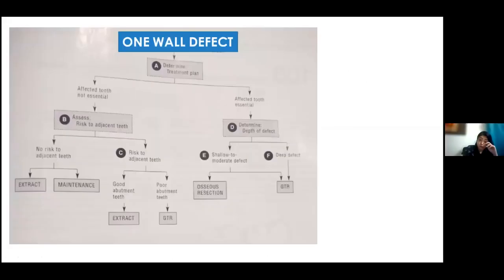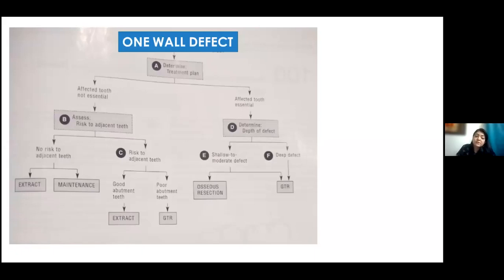Very good. Now just some treatment planning quickly. If you have a hemiseptal defect or a one-wall defect, this is a defect which doesn't have a very good prognosis, so you have to assess. When you do the treatment planning, you assess the risk.